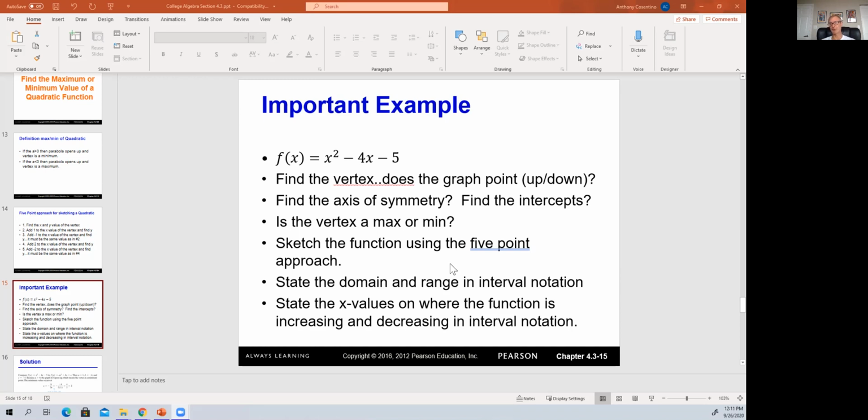The first one is a business concept with profit, revenue, and cost. And so that'll be the next recorded lecture. And so this ends the recorded lecture for the second part of section 4.2.